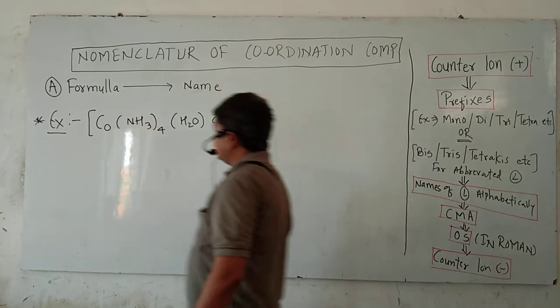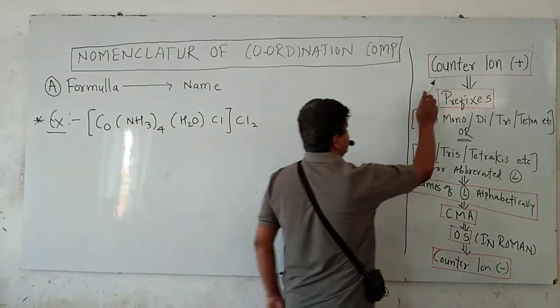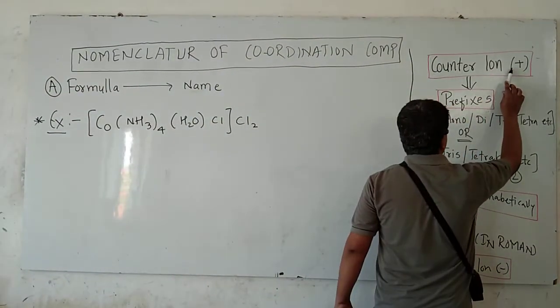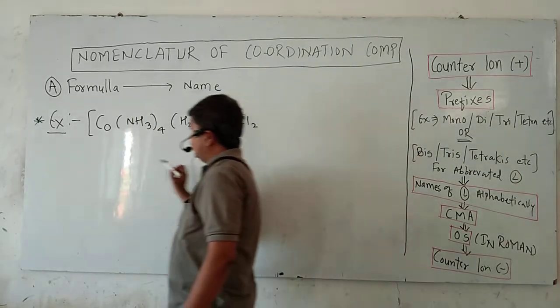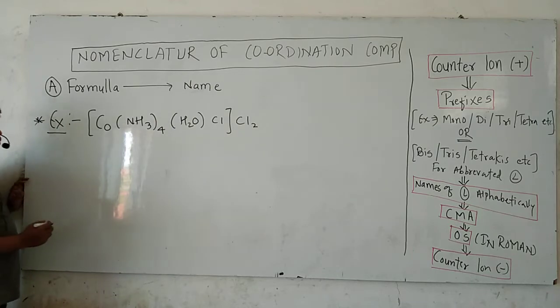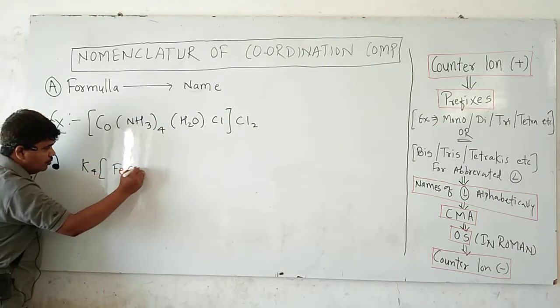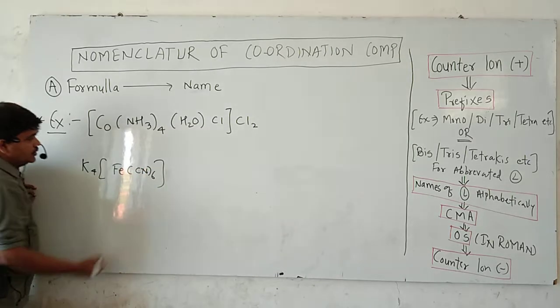Okay. Now see, what is the first step? First step is to write the name of the counter ion if it is positive. Now in this complex, a positive counter ion is not there. What is a positive counter ion? Consider the example K4[FeCl6].